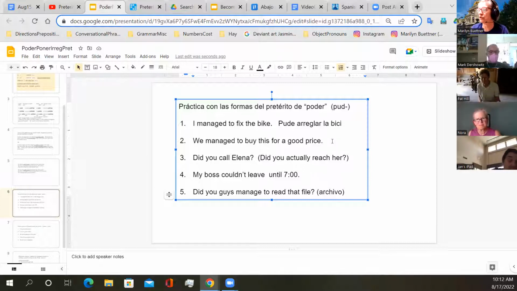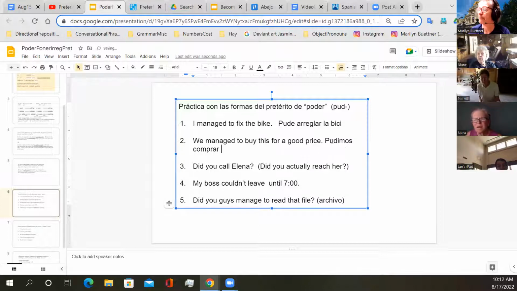We managed to buy this for a good price. Pudimos comprar eso para un buen precio. Sí, but we'll use por un buen precio. Sí, pudimos comprar esto, this thing.